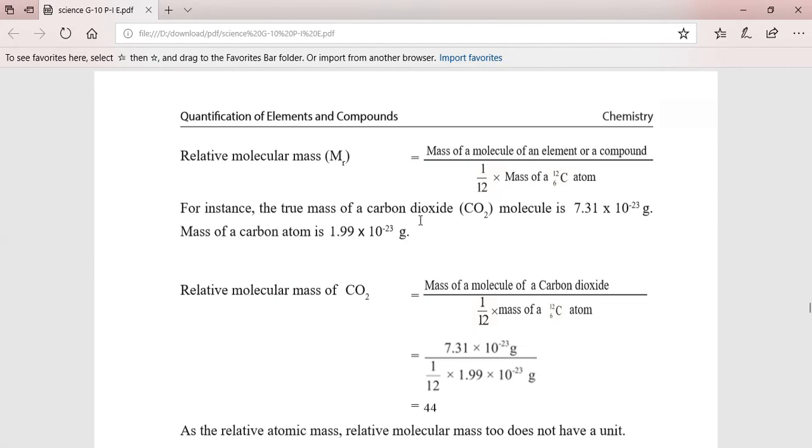The true mass of the carbon dioxide molecule is 7.31 into 10 to the power minus 23 grams. The mass of a carbon atom, you know this value, is 1.99 into 10 to the power minus 23 grams.